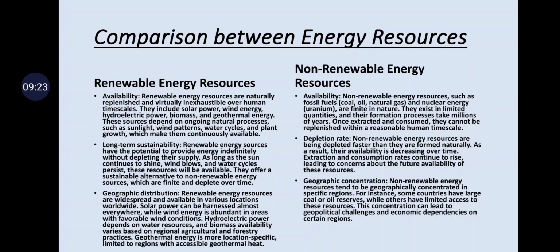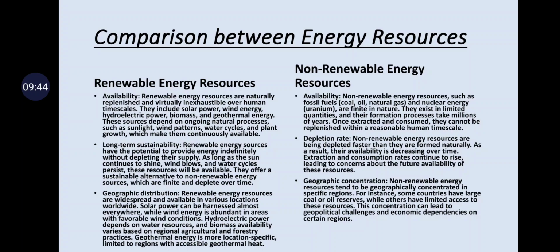They include solar power, wind energy, hydroelectric power, biomass, and geothermal energy. These sources depend on ongoing natural processes such as sunlight, wind patterns, water cycles, and plant growth, which make them continuously available.